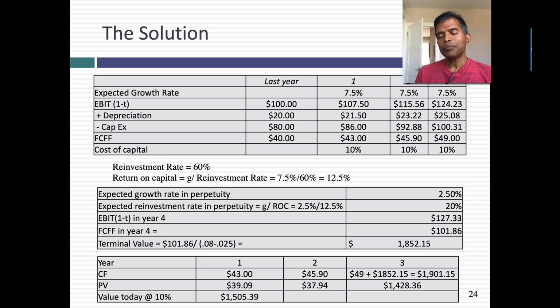So the valuation prompts: first look at the numbers, the inputs, to see if you've been given equity numbers or firm numbers. Then look to see what information you're given, because I'll have to give you information about 2 of 3 things: information about growth and reinvestment, or growth and return on capital. Because if I give you 2, the third one can be computed based on that simple equation.